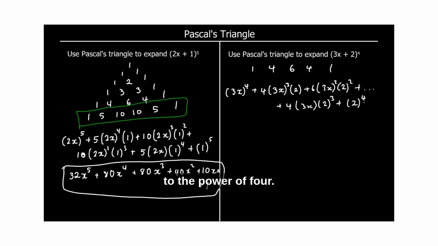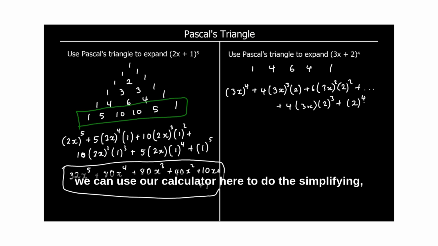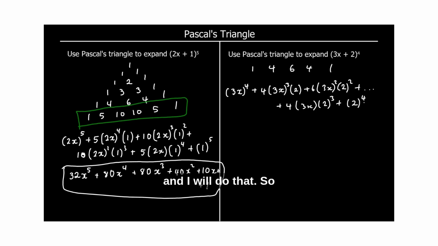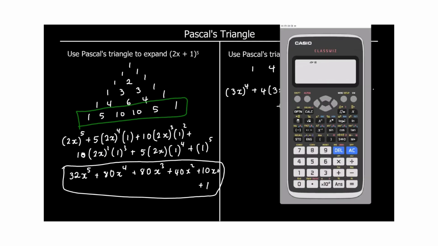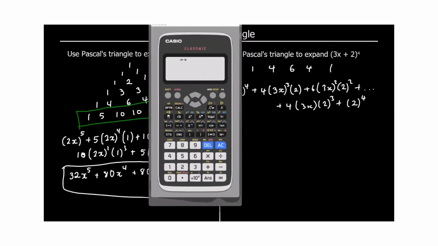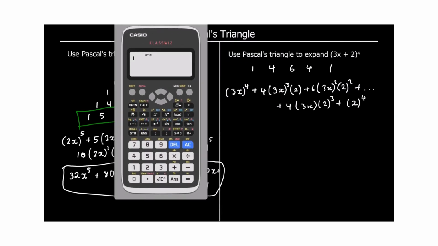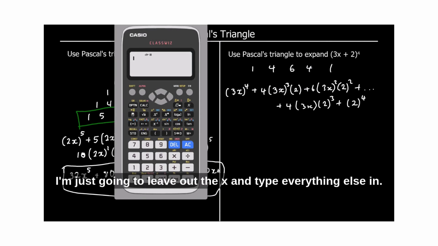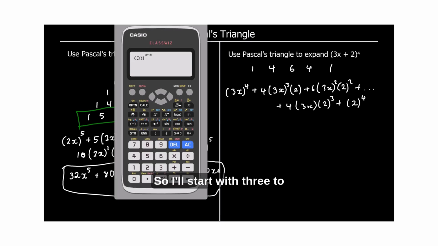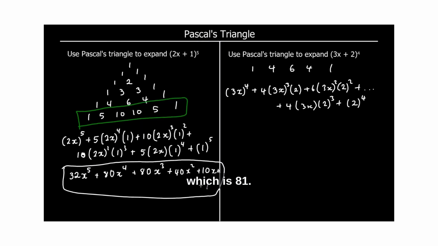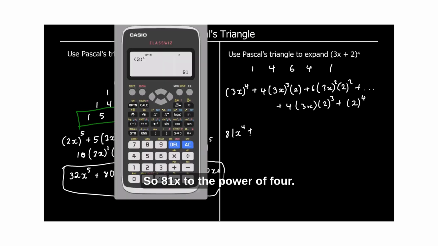So again, we can use our calculator here to do the simplifying, and I will do that. When I'm simplifying this, I'm just going to leave out the x and type everything else in. So I'll start with 3 to the power of 4, which is 81. So it's 81x to the power of 4.